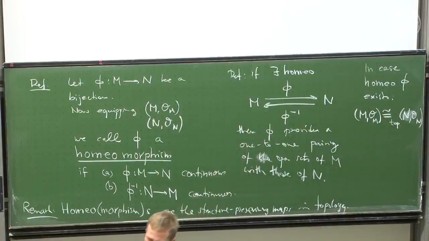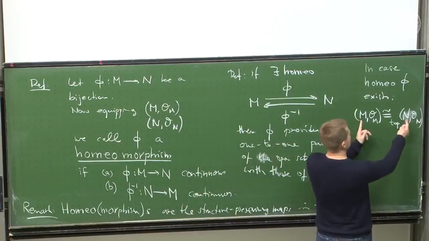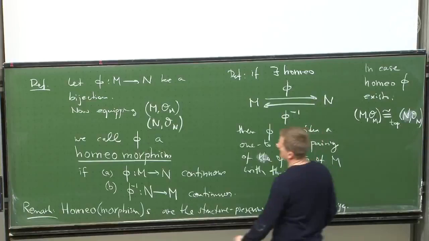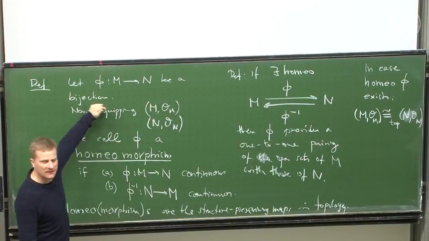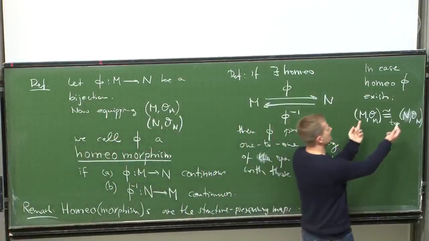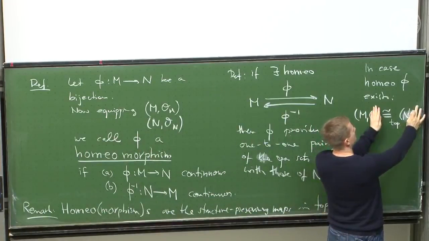So we write the same isomorphism sign as we did in set theory, but now it's not only as sets they're isomorphic, they certainly are because there exists a bijection between them. Remember, existence of a bijection means as sets, ignoring the topology, they're isomorphic.